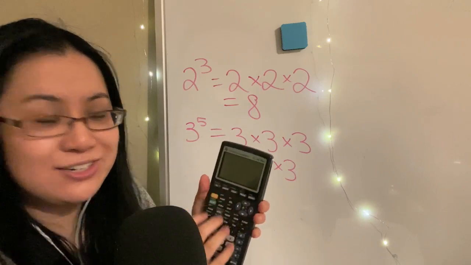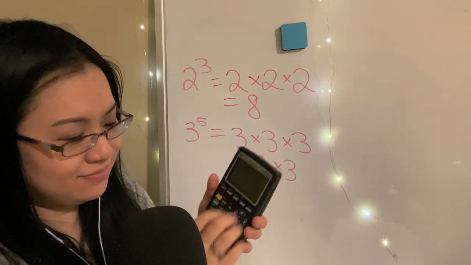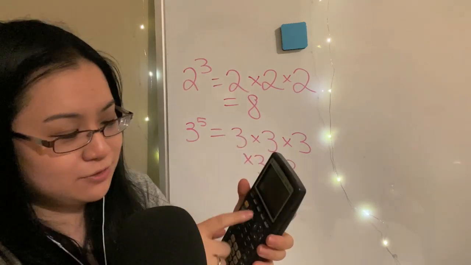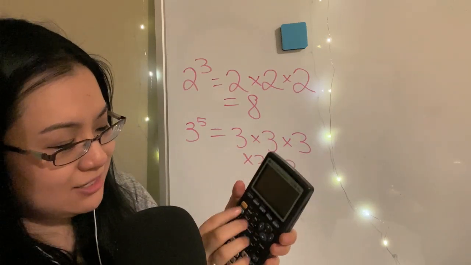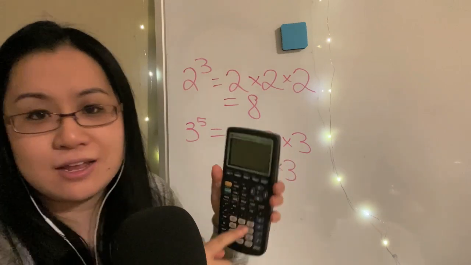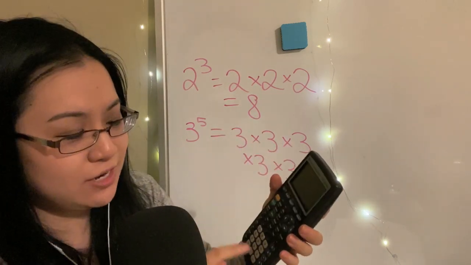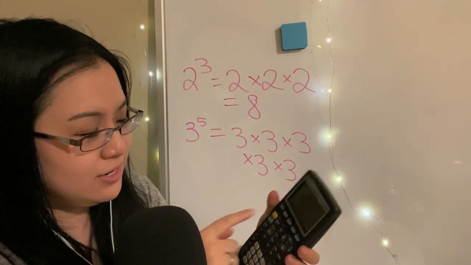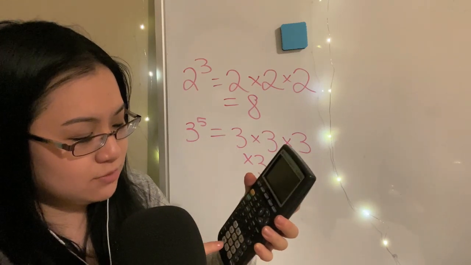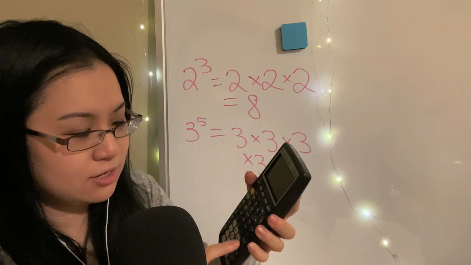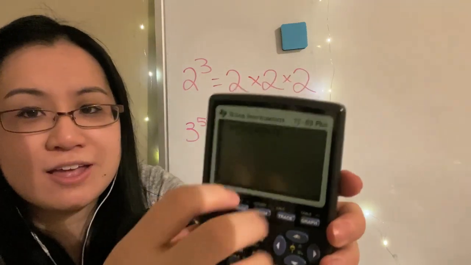But we have a calculator. Really, this is my excuse to make some calculator sounds anyway. So let's just write in, for a scientific calculator, you can write in 3 to the power 5, but let's do 3 times 3 times 3 times 3 times 3. That's 5 times.